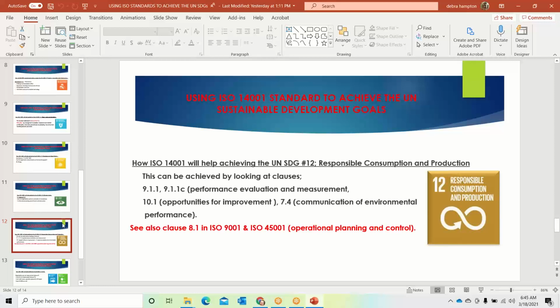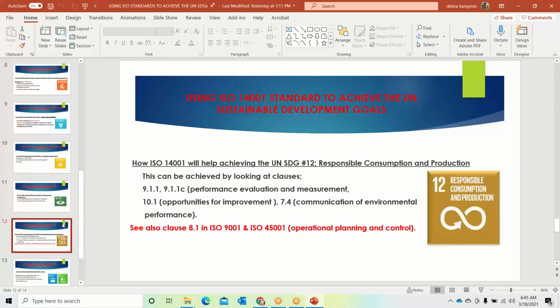So the first clause is clause 9.1.1 and 9.1.1c, which talks about performance evaluation and improvements. It is something required of every organization to carry out performance evaluation and measurement.